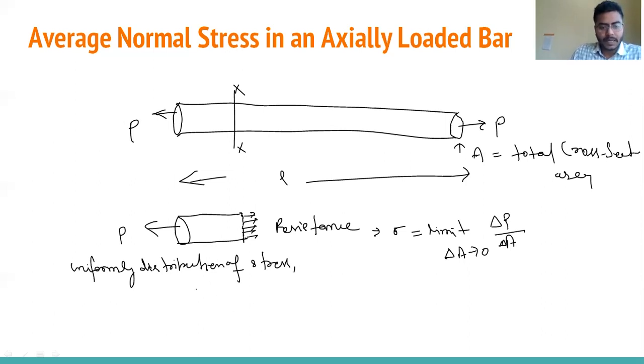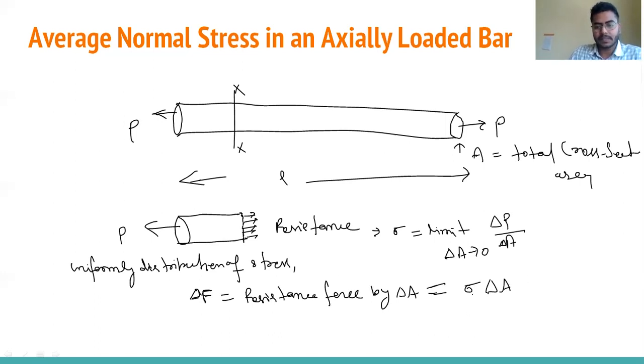So we are assuming that delta F is the resistance force for delta A, so we can write sigma into delta A. Sigma is the same everywhere throughout the total area. So for this small area, the resistance force will be delta F.